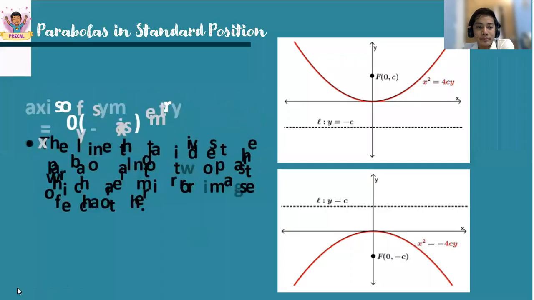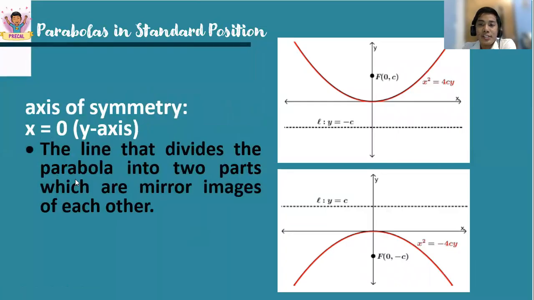Next. For the axis of symmetry, both the parabola which opens upward or downward have x is equal to 0 as our axis of symmetry. The line x is equal to 0 is also the y-axis per se.